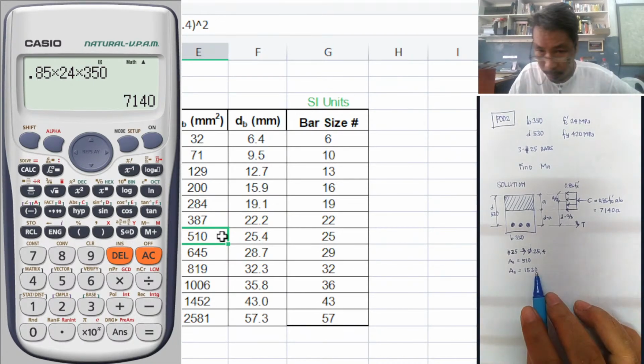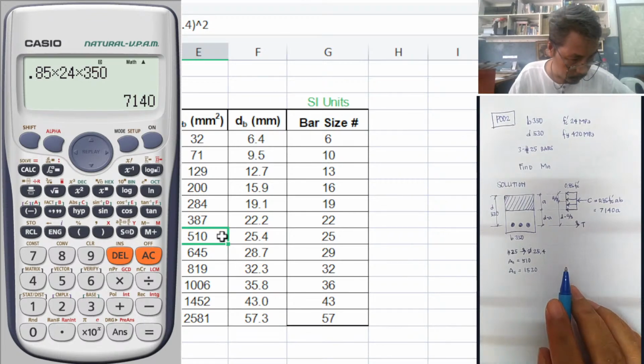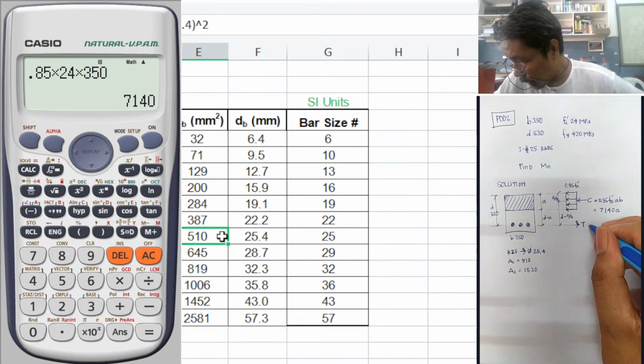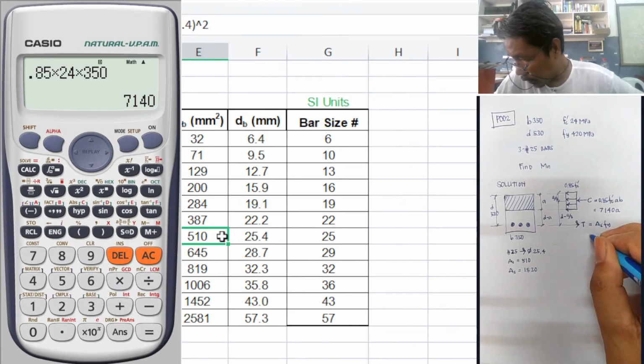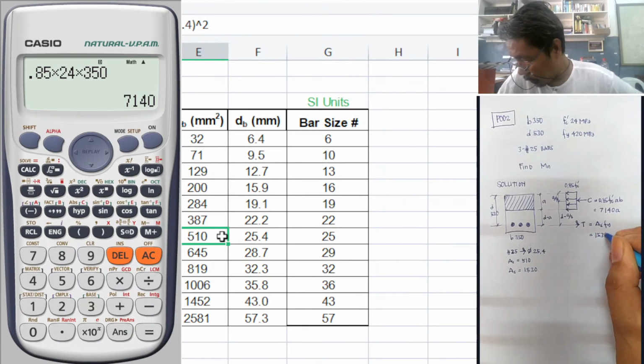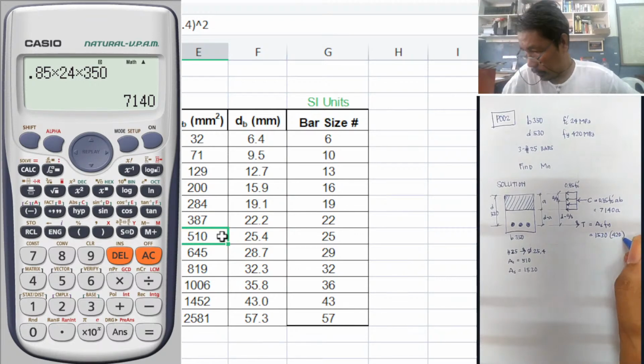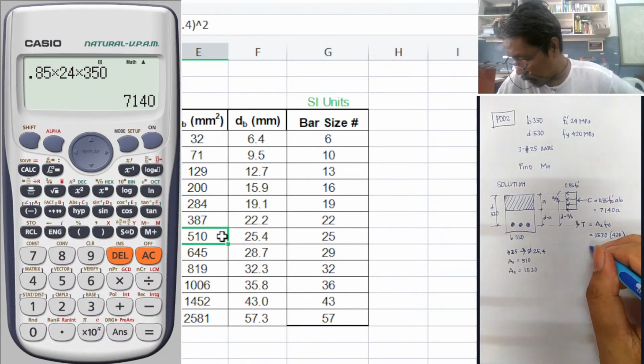So therefore, we can solve for the value of this tensile force. So this is ASFY, and that is 1530 times 420. Okay, so how much is this?